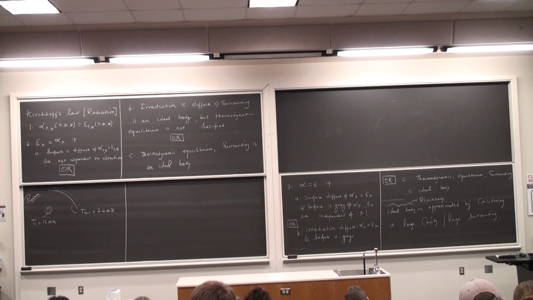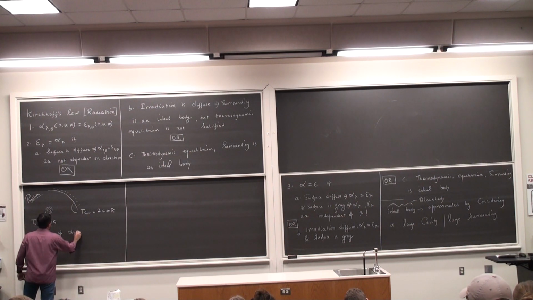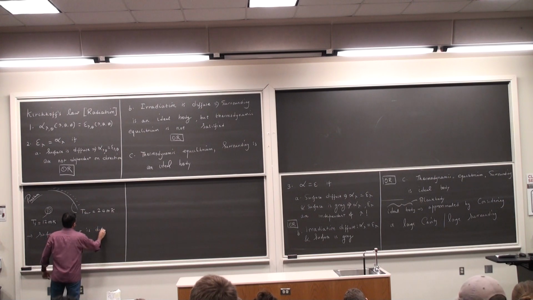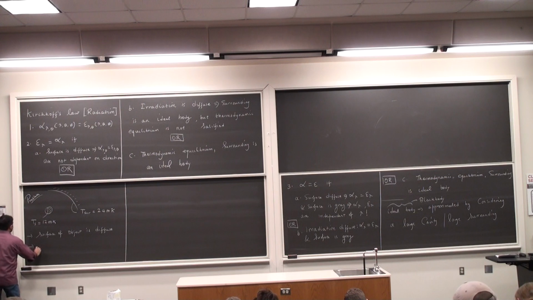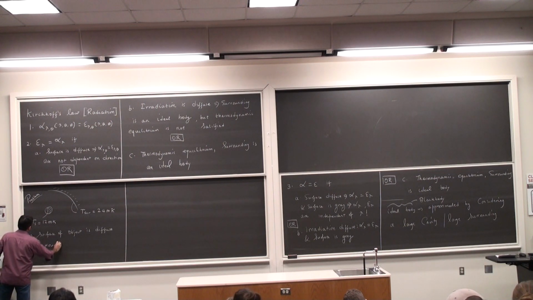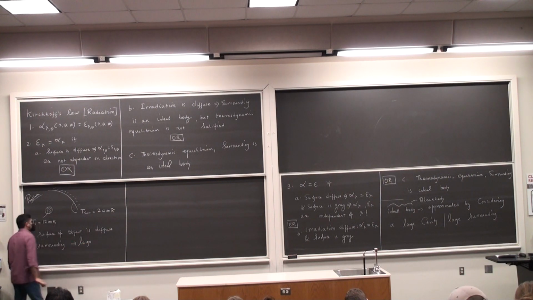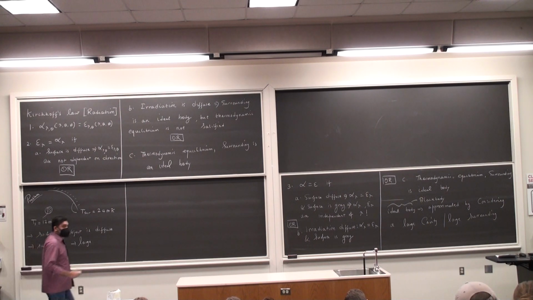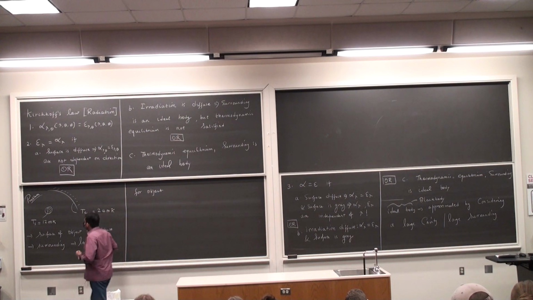You are told that the surface of the object is diffuse. The surrounding is large. And you're told that the spectral absorptivity of the object is given as follows. For the object, this is the object.